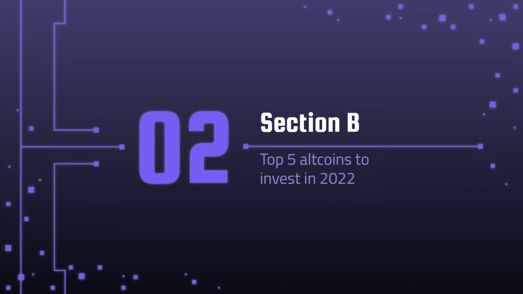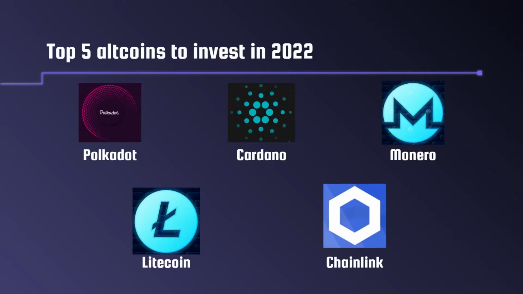For those who do not want direct exposure to digital coins, some of the top investments can be in companies heavily involved in the cryptoverse like Nvidia Corporation, MasterCard, and Alphabet Inc. The top 5 cryptocurrencies to invest in 2022 according to various sources are Polkadot, Cardano, Monero, Litecoin, and Chainlink. Although the list may be biased, the justifications are as follows.